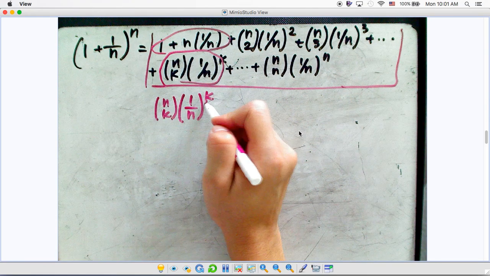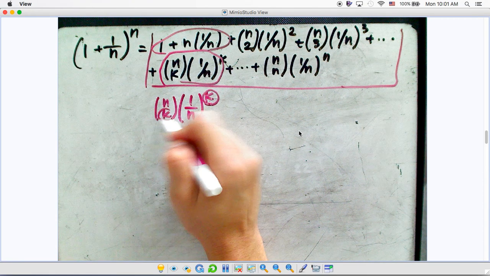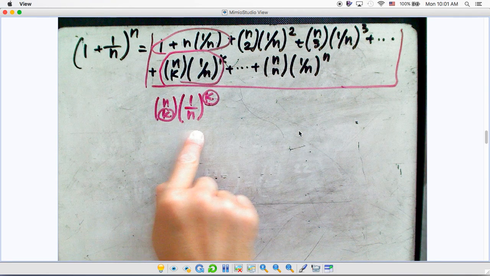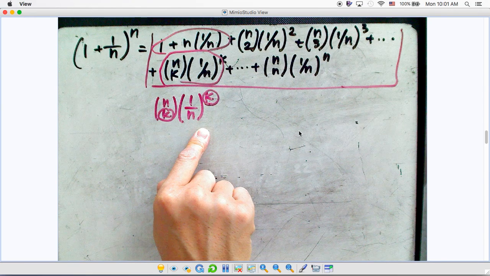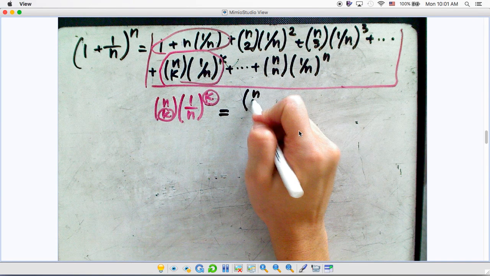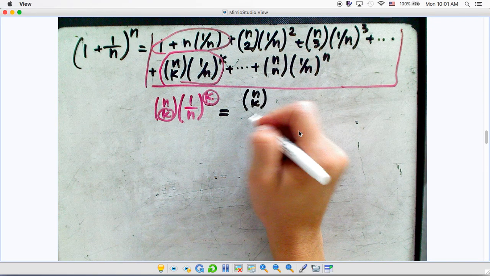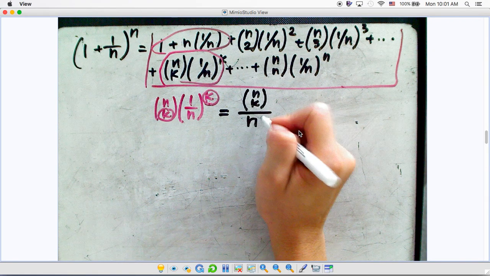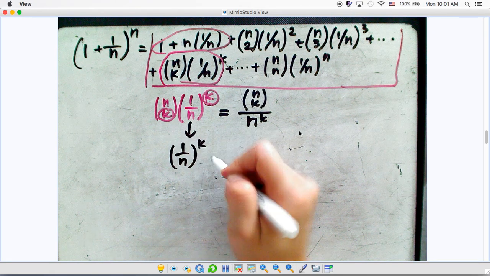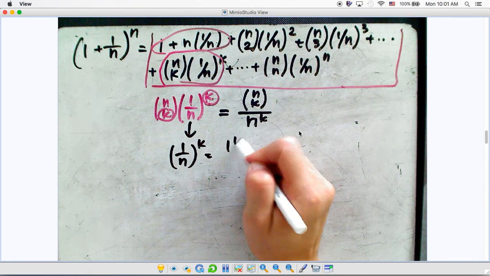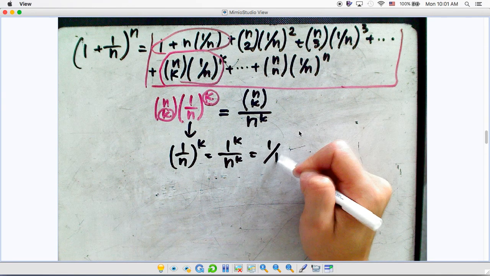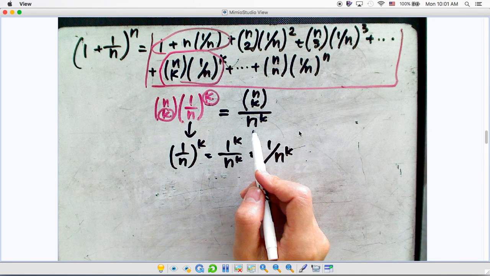See that this power is the same as this number, and so each term can be expressed as n choose k over n to the k, because 1 over n to the kth power is 1 to the kth power over n to the kth power, which is 1 over n to the kth power. So that's why we can express it in this way.